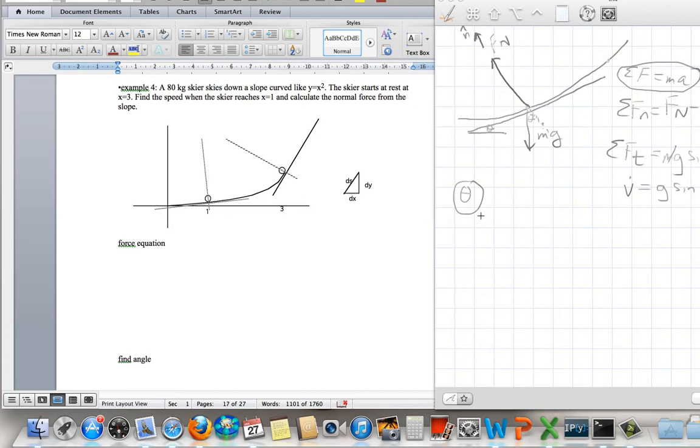The way we'll find that is the fact that y prime is the slope of a tangent line from Calculus 1, but the slope of the tangent line equals a rise over a run, where, say, this could be the rise and, say, this could be the run. If you look at that big triangle, rise over run, you see is tan theta. So you can find theta just doing the arctan of y prime.